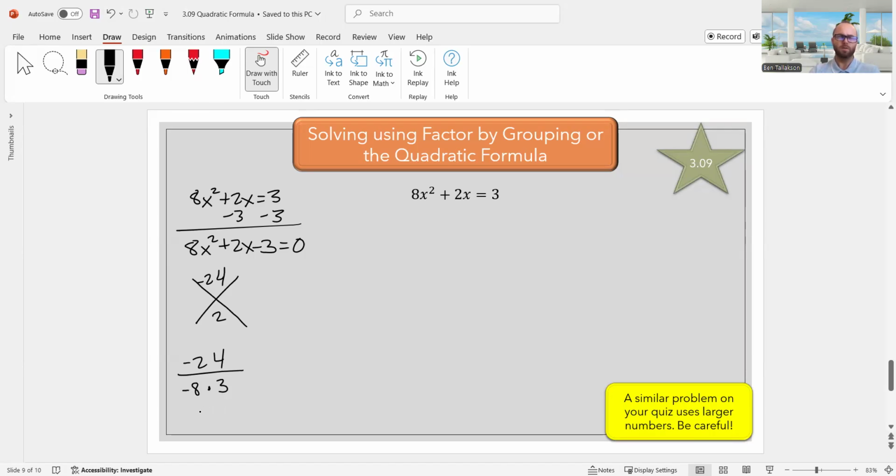What about 6 and 4? Yeah, there's a difference of 2. That should be our missing pieces of the puzzle. And you'll find that if you put 6 here and -4, 6 plus -4 is the same as 6 minus 4. So that does give us 2. All right. We're on our way.